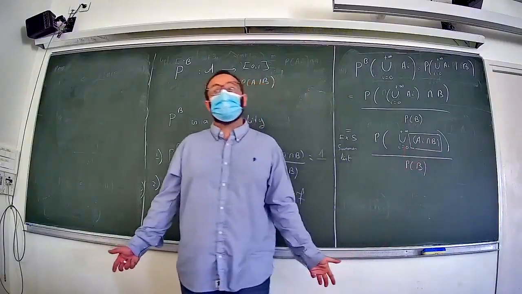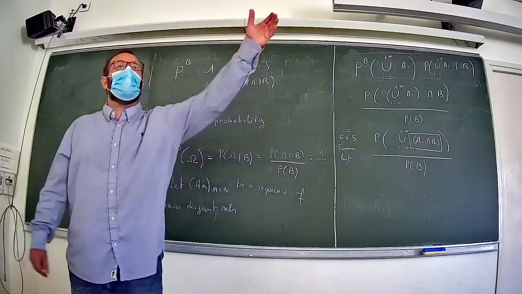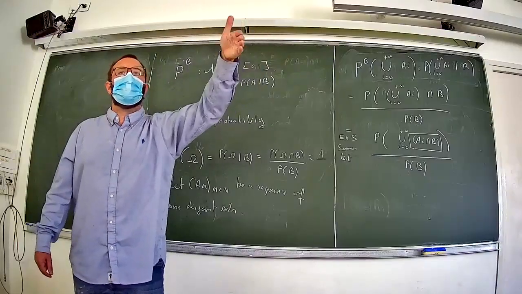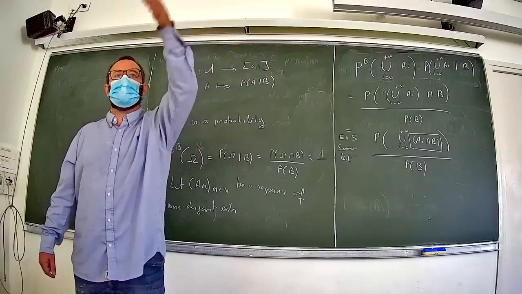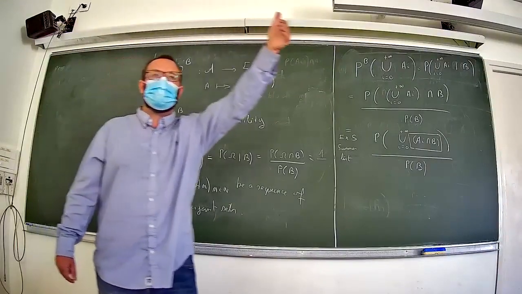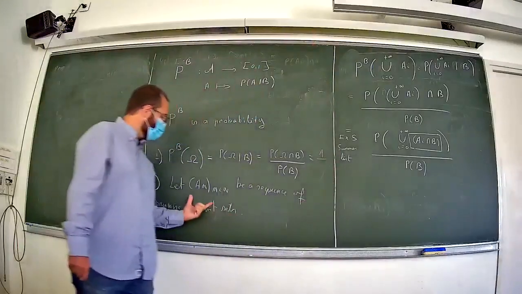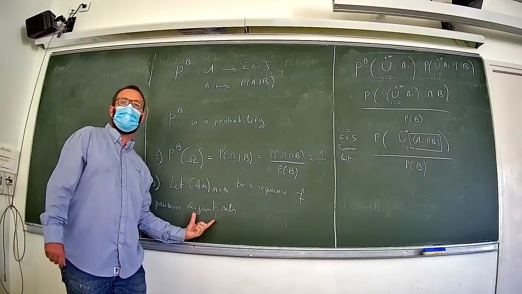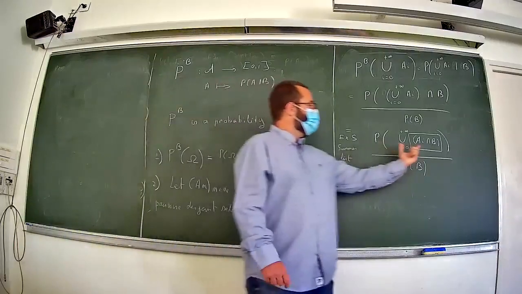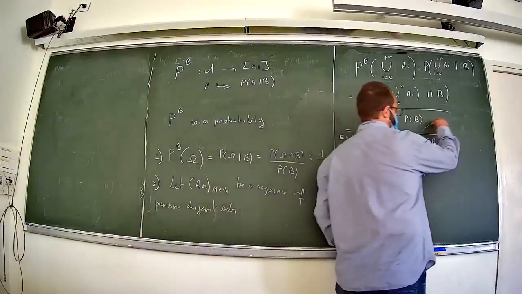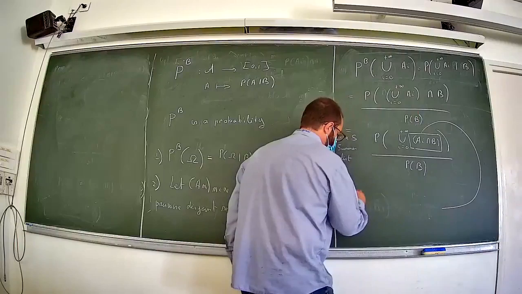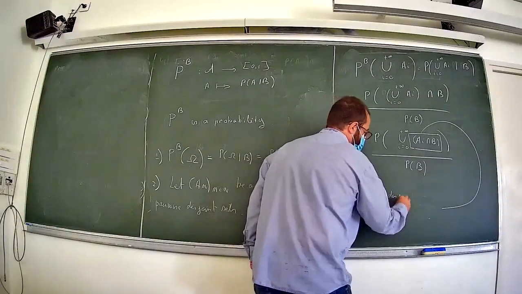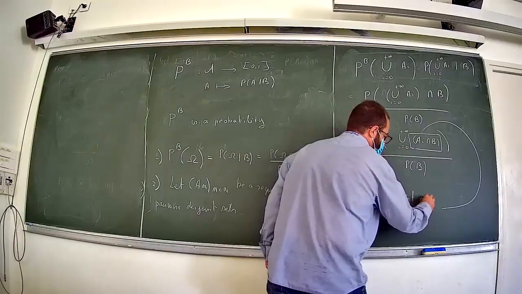I will have exactly the same property. If A_1 intersected with A_2 is empty, then A_1 intersected with B, intersected with A_2 intersected with B, will also be empty. So from the fact that this sequence is pairwise disjoint, meaning that the sets are disjoint two by two, here I have also pairwise disjoint sets.